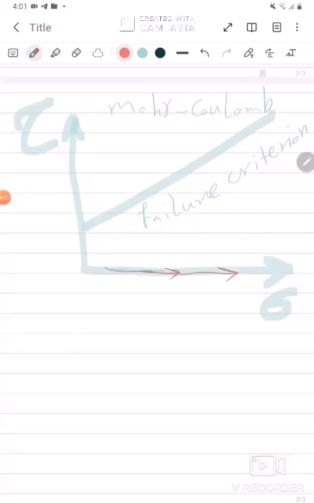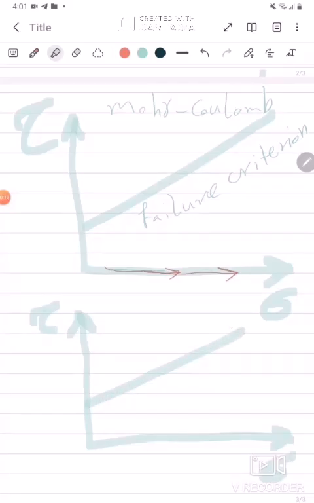But in the other model, the hardening soil model, we have something like this. The relation between tau and sigma is like this, but there is a cap here. This cap is the main difference between these two models.